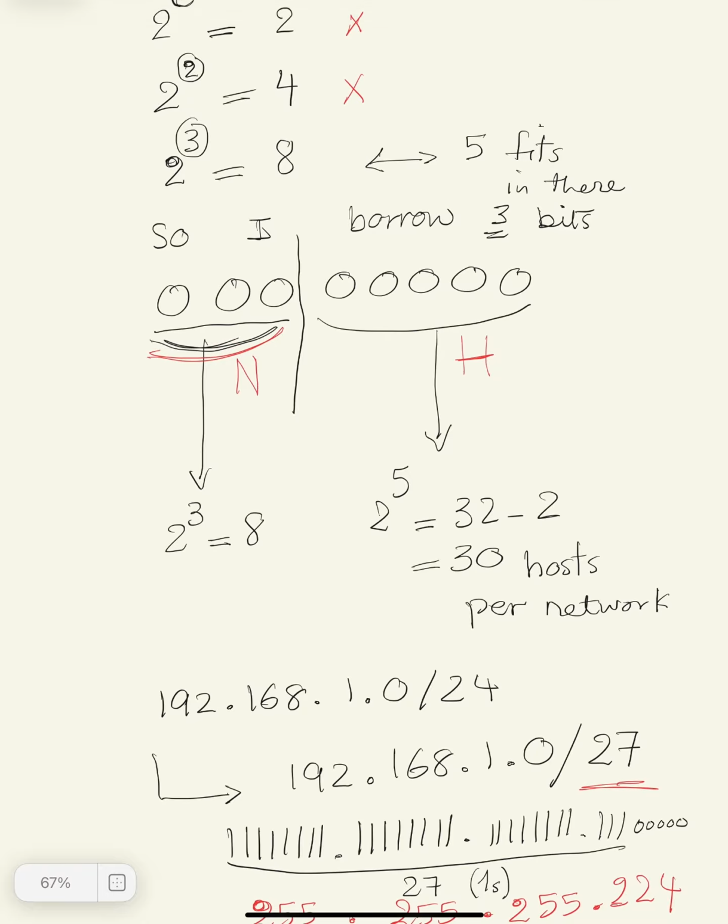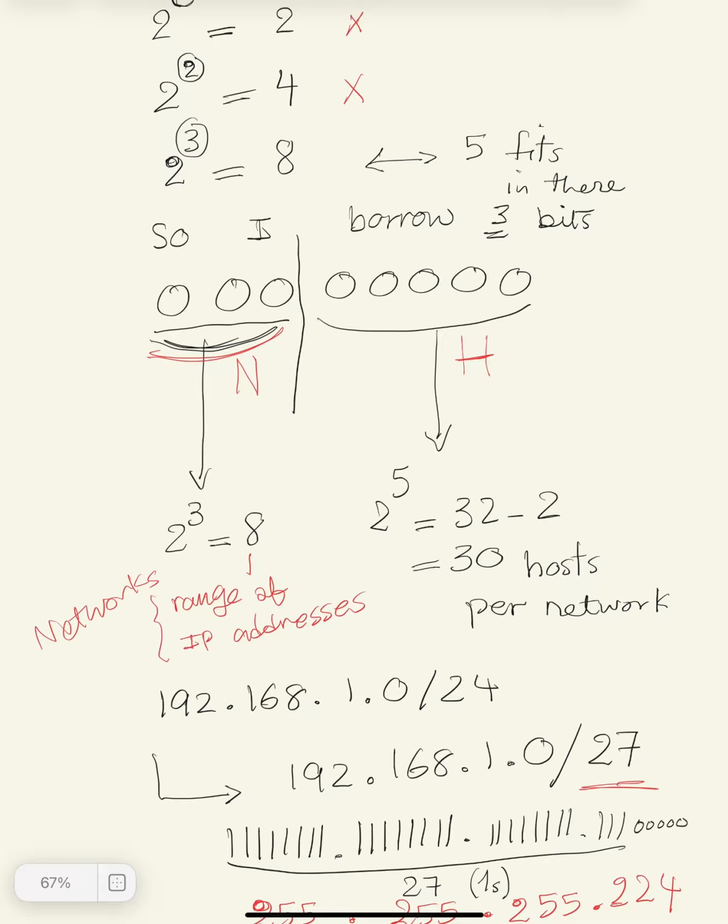So now 2 to the power of 3 is equal to 8, which means that I can create 8 ranges of IP addresses, or 8 networks.